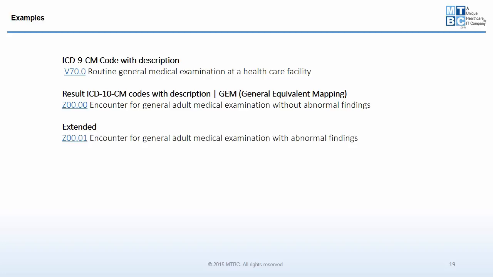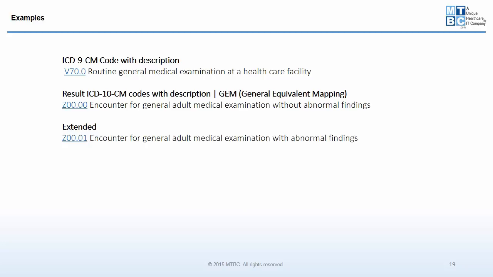So if you have abnormal findings, you need to put the abnormal findings underneath the Z00.01. Any abnormal findings, you would, I'm sorry I don't have it on this slide, so if you can just write it on there.